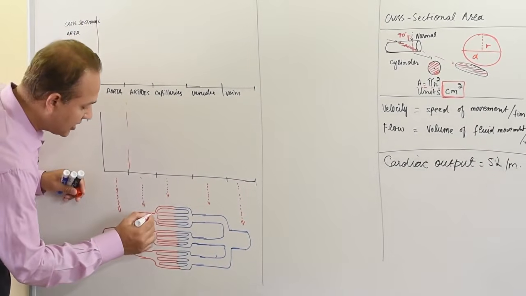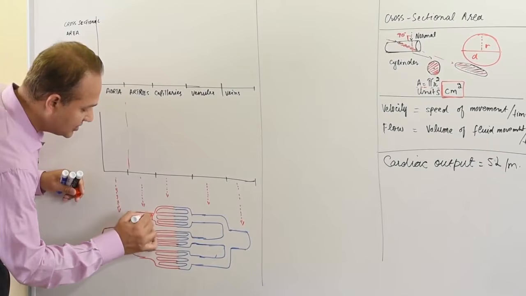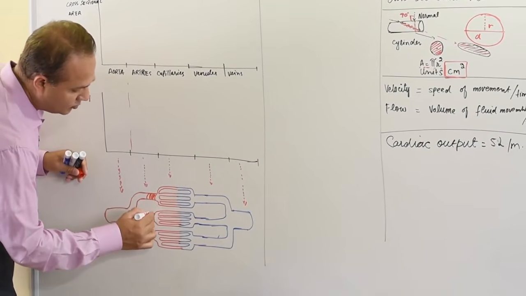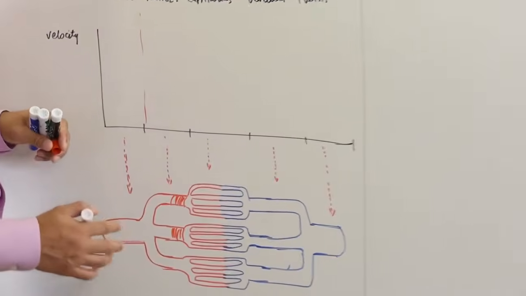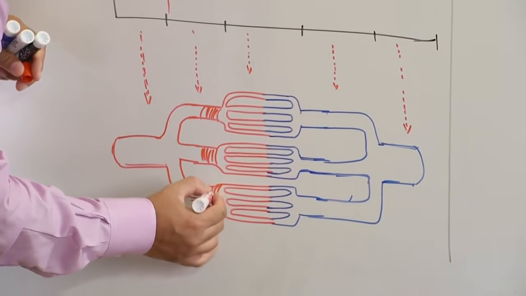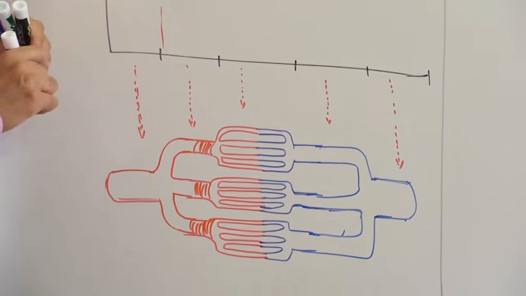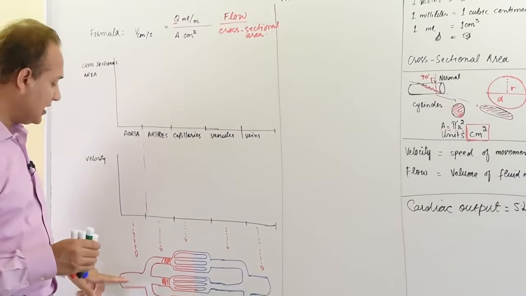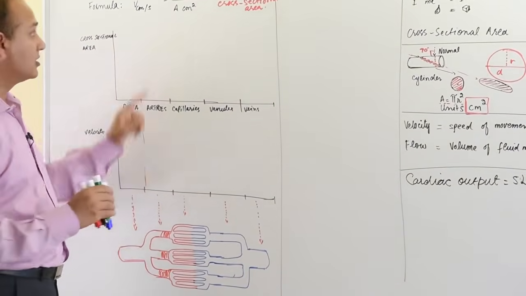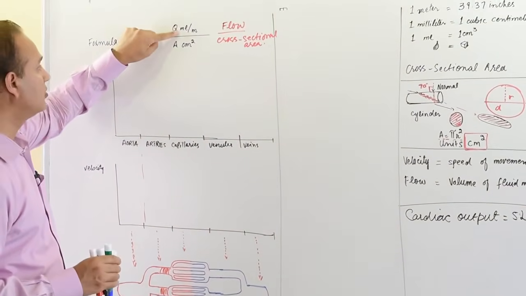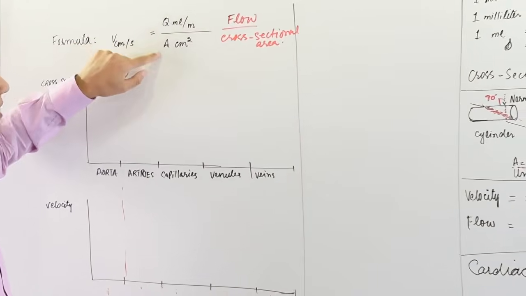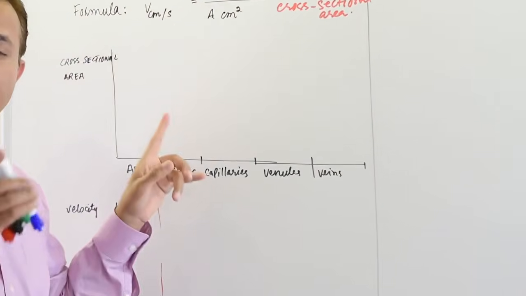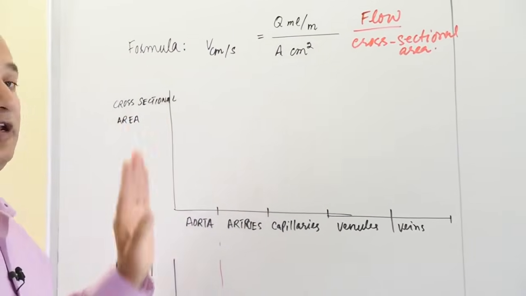I should mark this part here as an arteriole. Arterioles are more important for hemodynamics than the rest of the arteries. So imagine that these are arterioles. Okay. So what we want to understand is what kind of cross-sectional area. So look, the formula says that flow of blood divided by the cross-sectional area of a tube will determine the velocity.